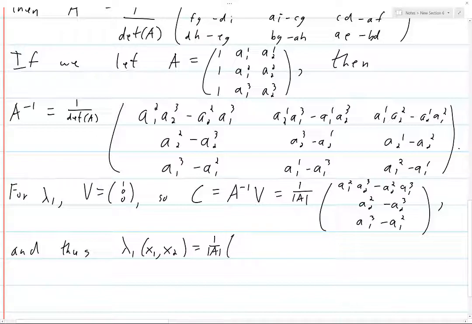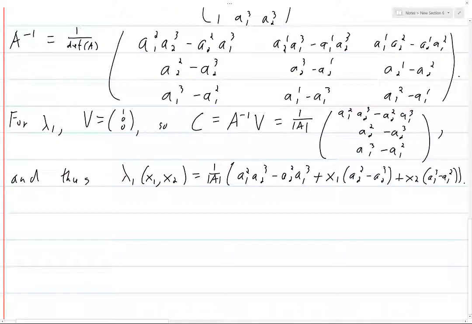Then we'll get A12, A23 minus A22, A13, and now we're going to add x1, and the corresponding coefficient is A22 minus A23, plus x2, and then we multiply by A13 minus A12, put parentheses. Alright, so that's that.